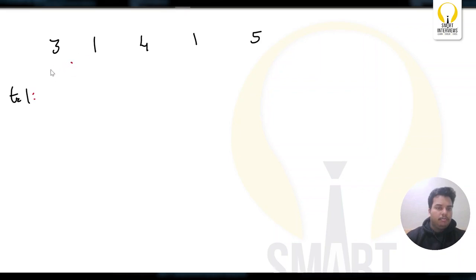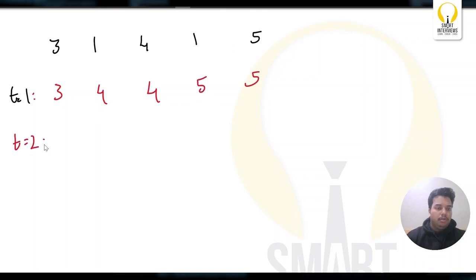Is 3 less than 1? No. So 3 will be here, 1 will be here. But is 1 less than 4? Yes. 4 will be here. But before you keep the value here, check: is 4 less than 1? No. Is 1 less than 5? Yes. So 5 will come here.